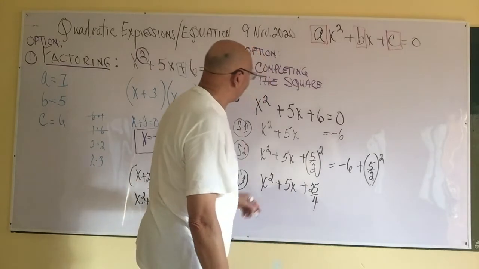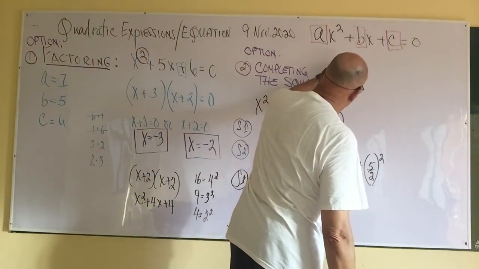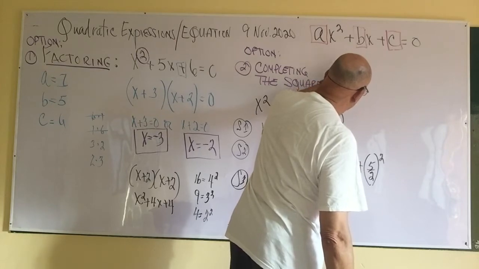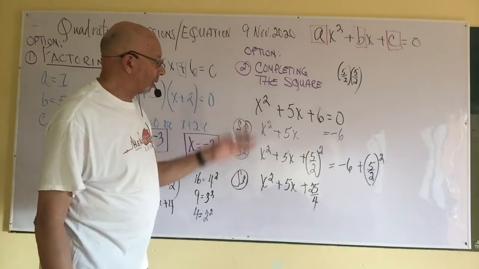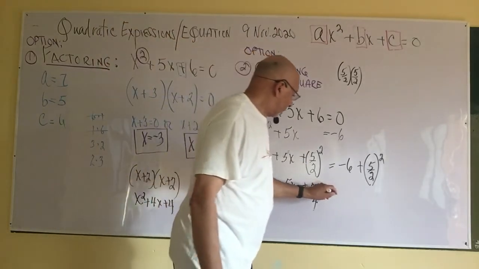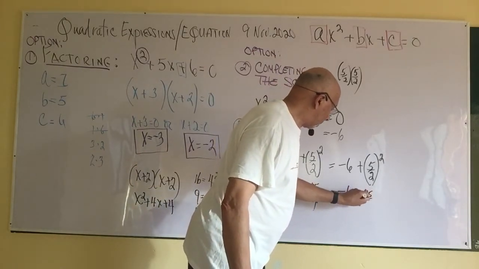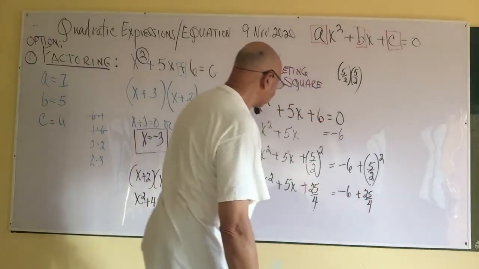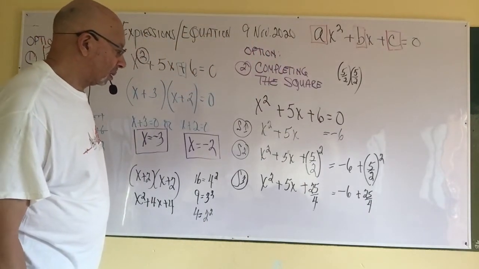Or if you wrote it out all the way, it would say 5 over 2 times 5 over 2, and you can see you're just multiplying across. You get 25 over 4. So I have 25 over 4 equals negative 6 plus 25 over 4. Are we making sense to you right now?